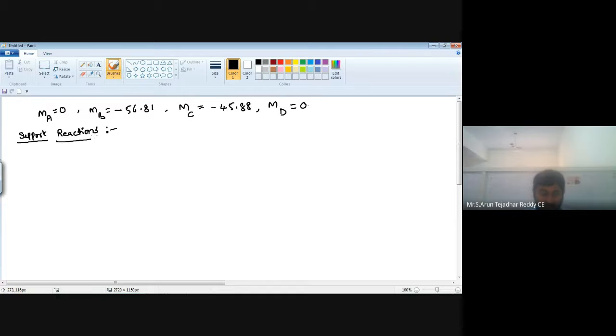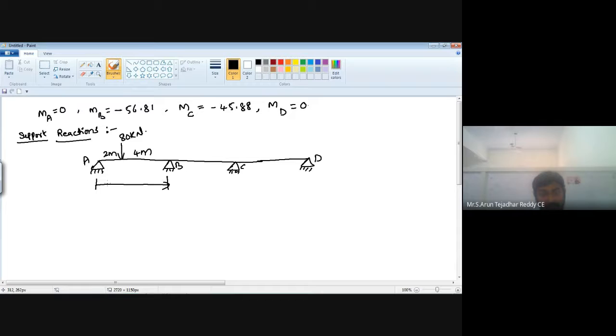First of all, draw the given diagram. A, B, C, D. From A to B, it is an eccentric point load of 80 kilonewton, 2 meter, 4 meter, total is 6 meter.